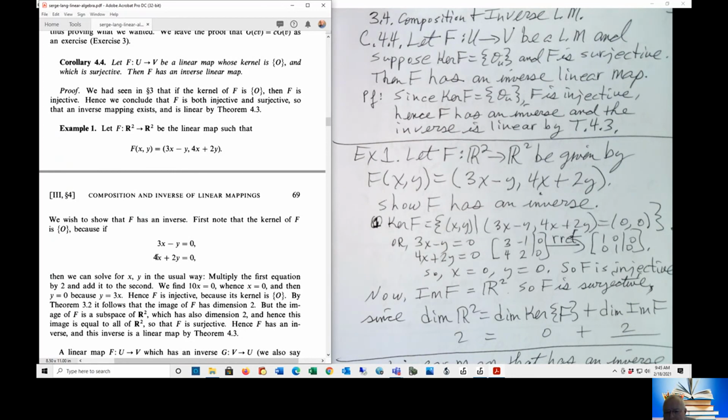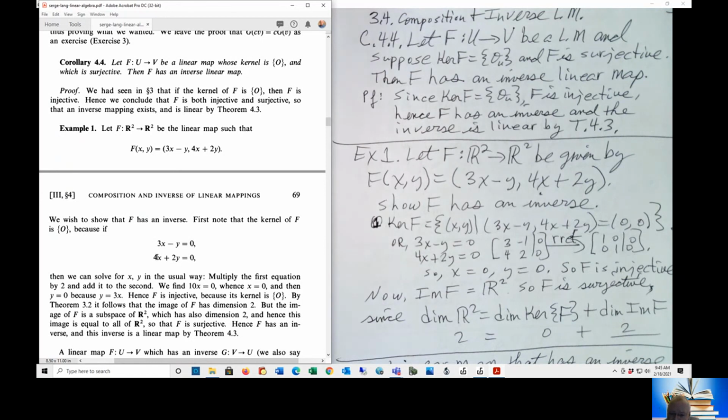First, we want to show it's injective by showing that its kernel is trivial. So its kernel is found by setting the mapping equal to (0, 0), the 0 vector of R2.